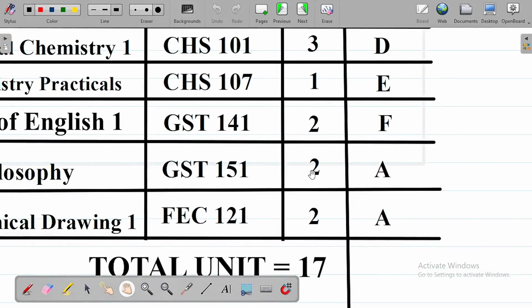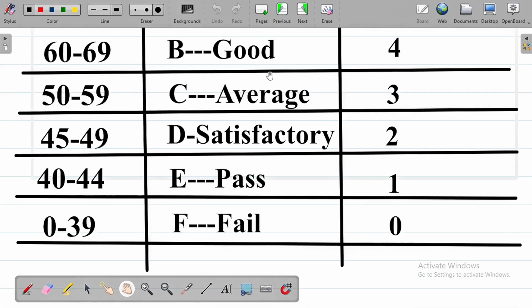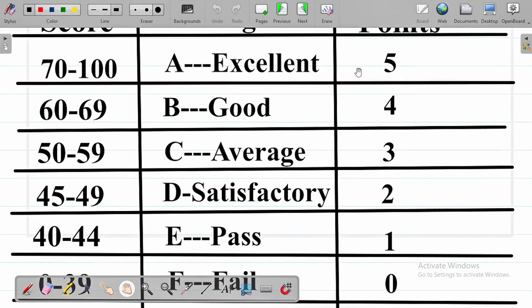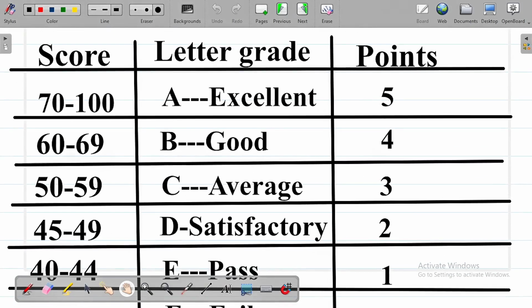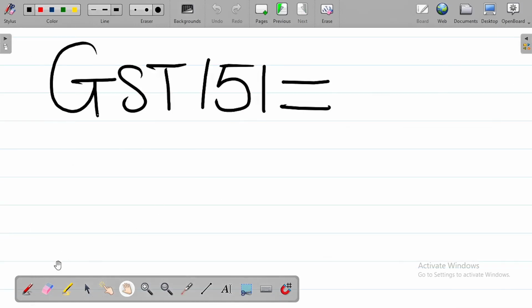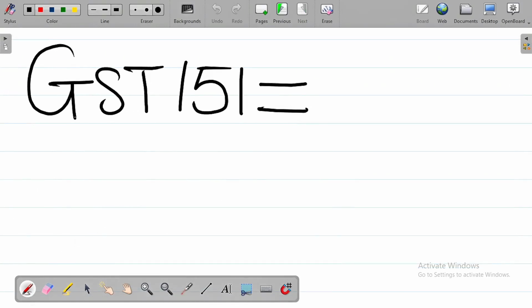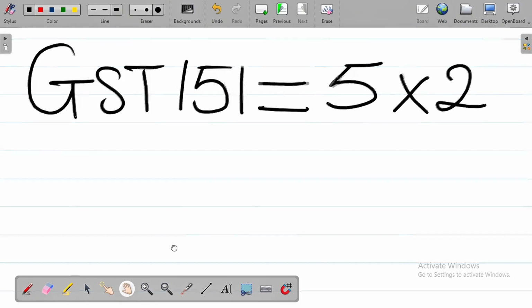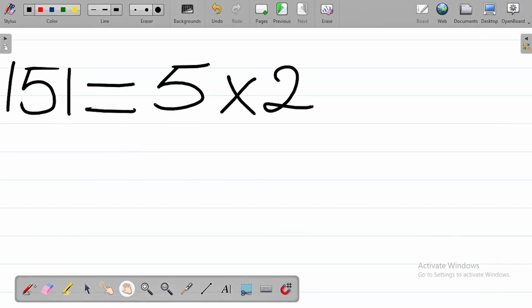Philosophy is a 2-unit course, and the student has A. Remember that A is 5 points. So we have 5 points multiplied by the unit, which is 2. So 5 multiplied by 2 gives us 10.